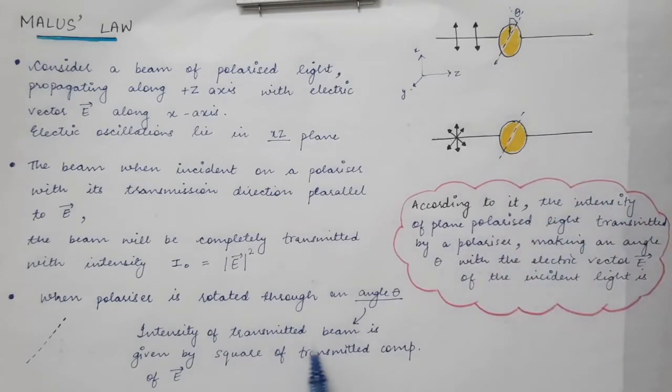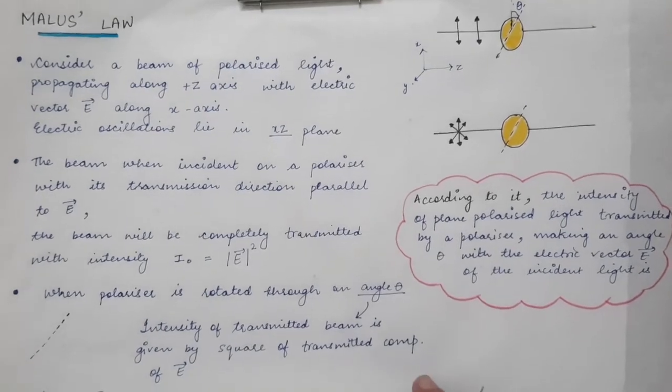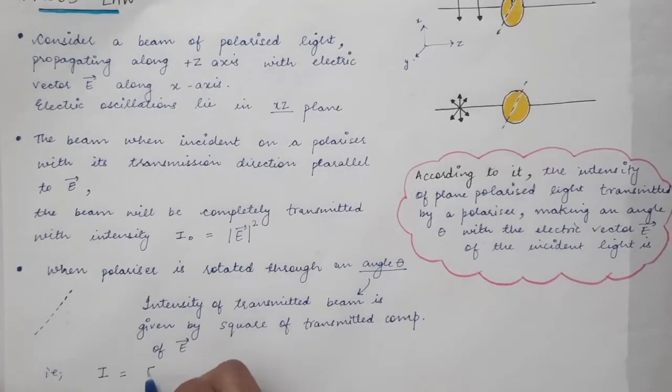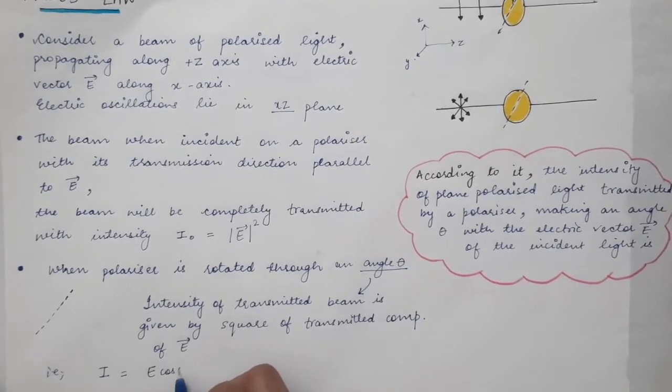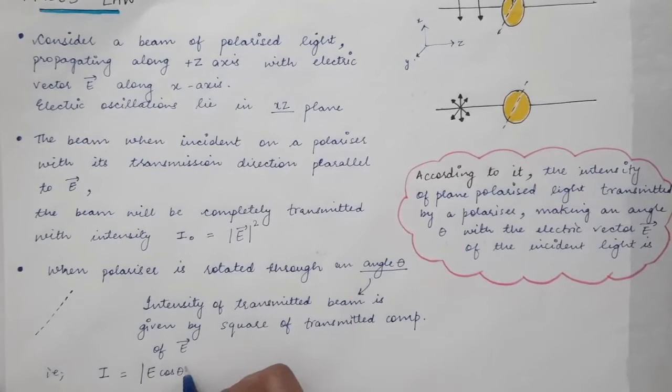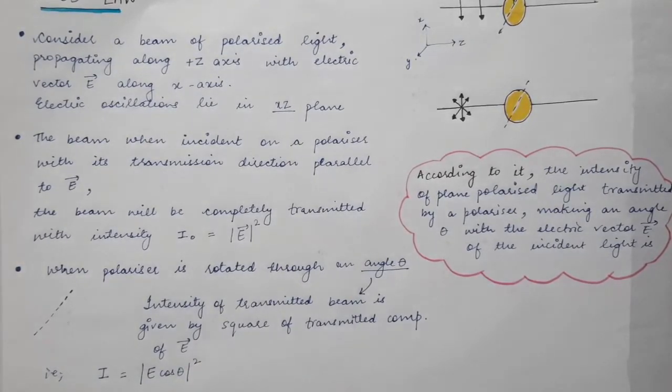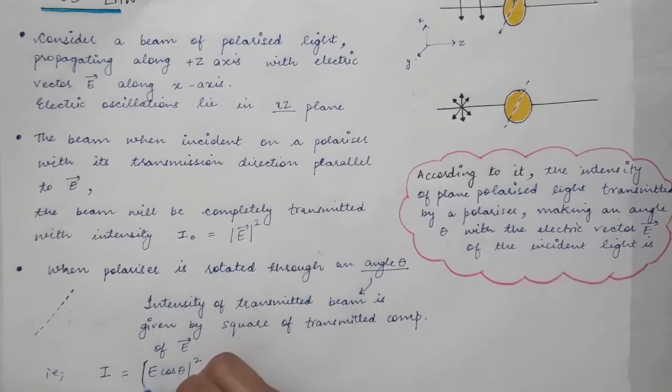So the intensity of the transmitted beam will be given by the square of the transmitted component of the electric field, and that is nothing but E cos theta. So it will be equal to E cos theta, squared.